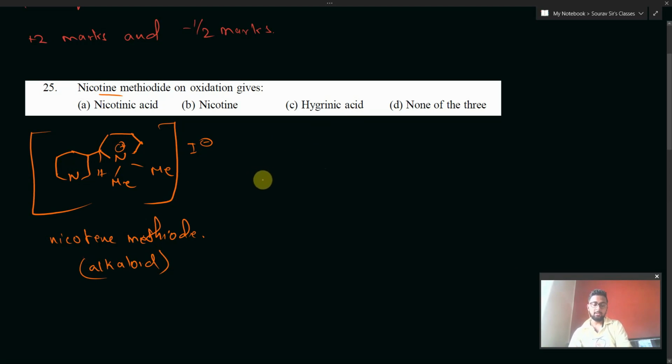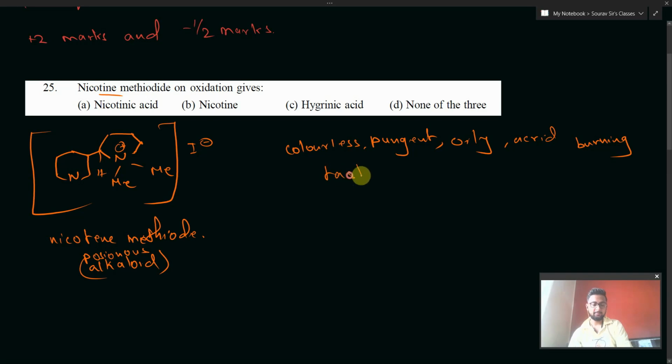In the pure state it is colorless, has a pungent smell, is oily, and has an acrid burning taste.